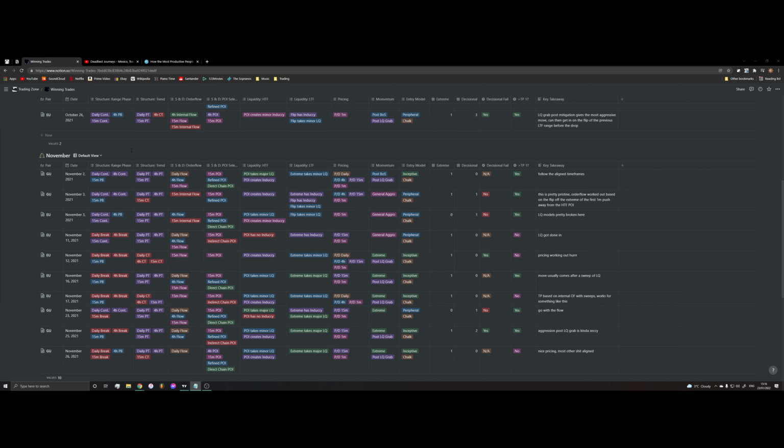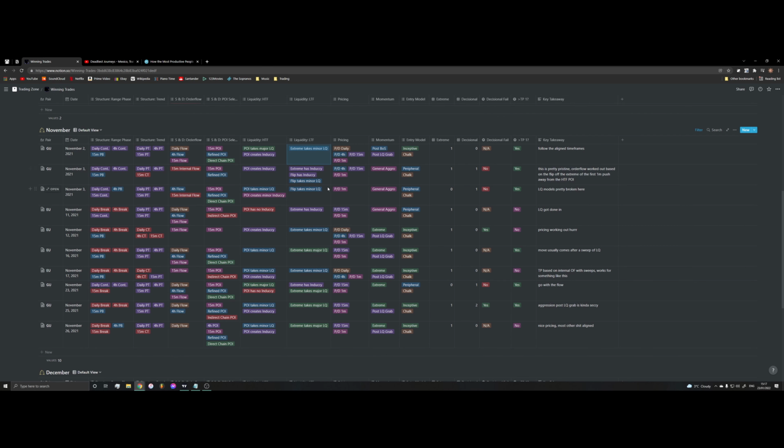It's quite personally structured currently, in terms of it's got my range phase theories, which I've talked about in a previous video, and other stuff like that. But when I'm looking at wins and losses, these are the current things that I primarily look at, all along the top here.